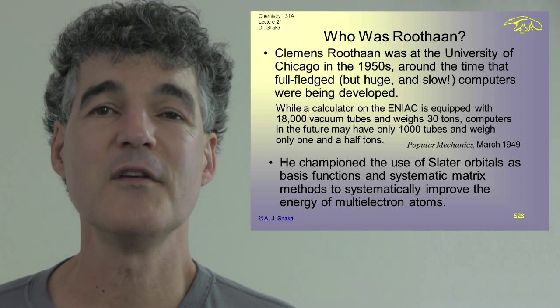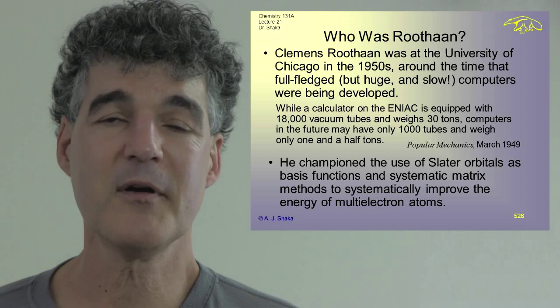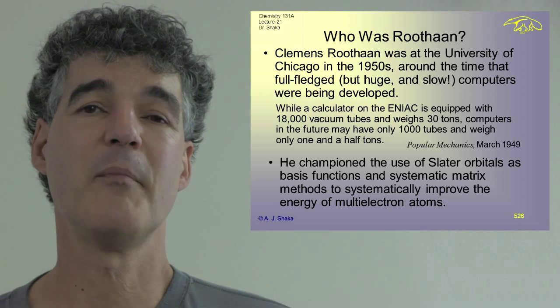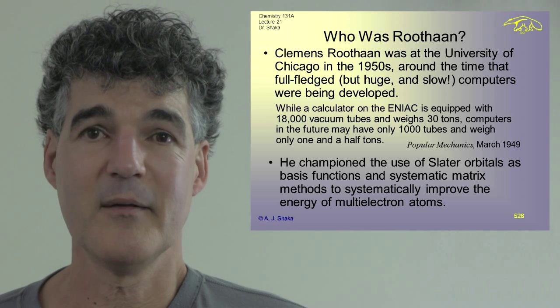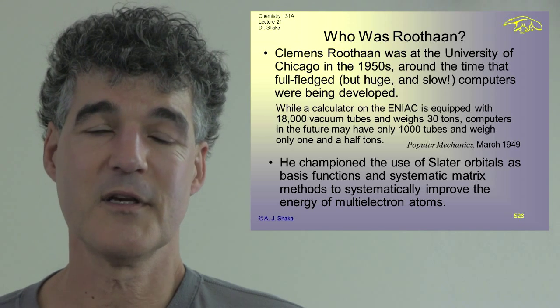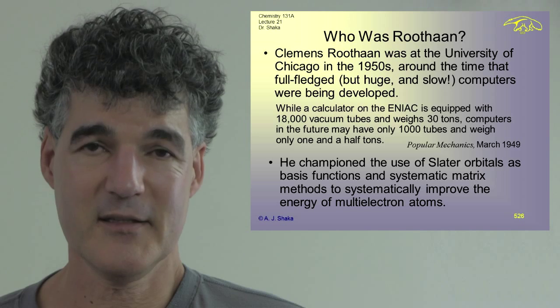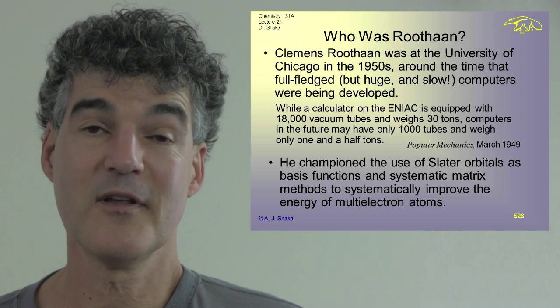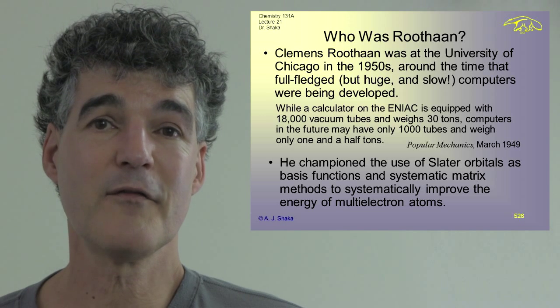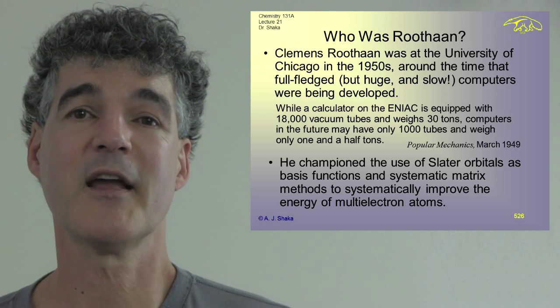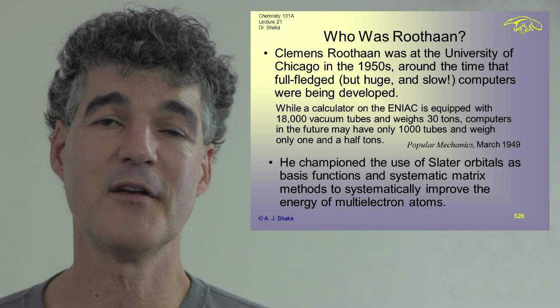Roothaan championed the use of Slater orbitals. Remember, you have to maybe go back a couple of lectures, but I said that we wanted orbitals that were easy to integrate, right? So we want tuna that tastes good, and we're going to be doing a lot of orbitals, and therefore we want to have a canned formula for the antiderivative.